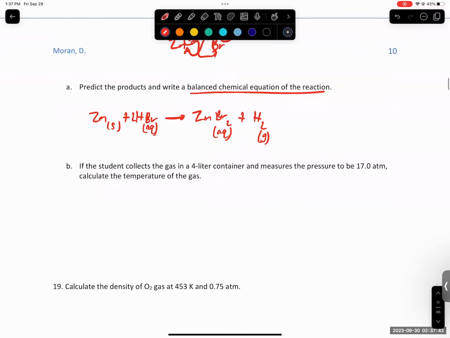The student collects the gas in a 4-liter container, measures the pressure to be 17 atmospheres, and calculates the temperature of the gas. All right, so you have pressure, you have volume, R is obviously a constant, and we don't have the moles yet, but we can find them. So what law do we need to use?